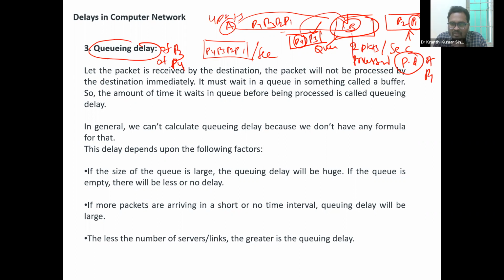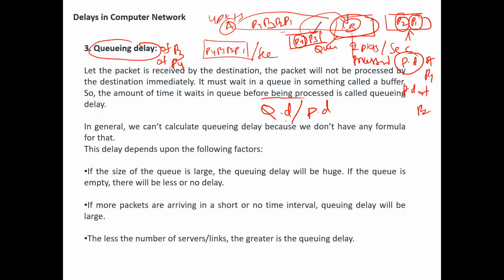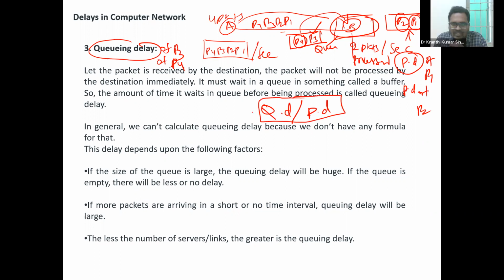The time required to complete the processing of P2 is called the processing delay of P2. In this way, we can define queuing delay and processing delay. Do you understand the difference? Yes, sir. Now, what are the factors that affect queuing delay and processing delay?